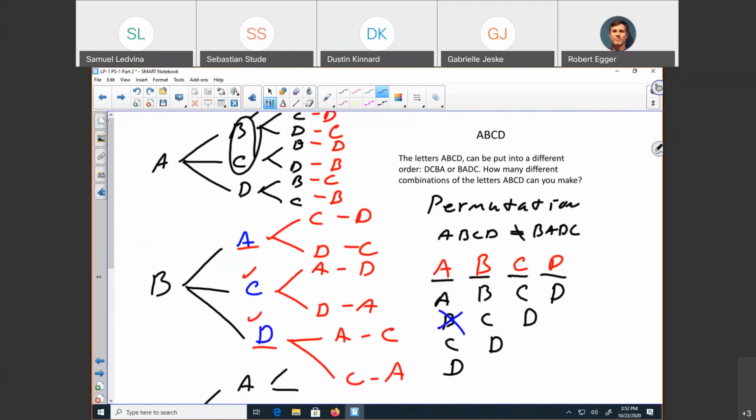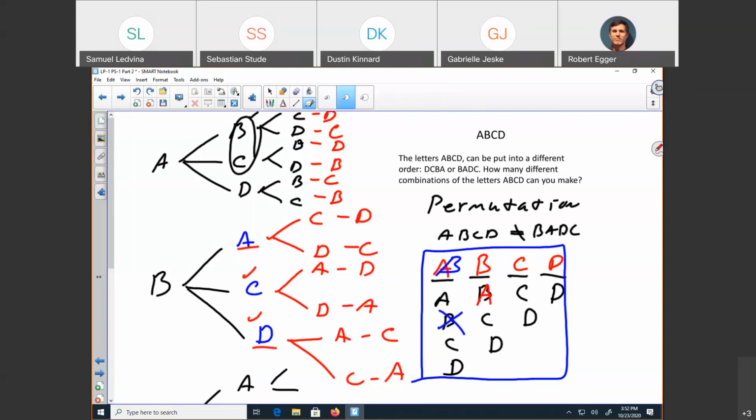But it's working on this idea that once you choose a letter, it starts reducing your options.